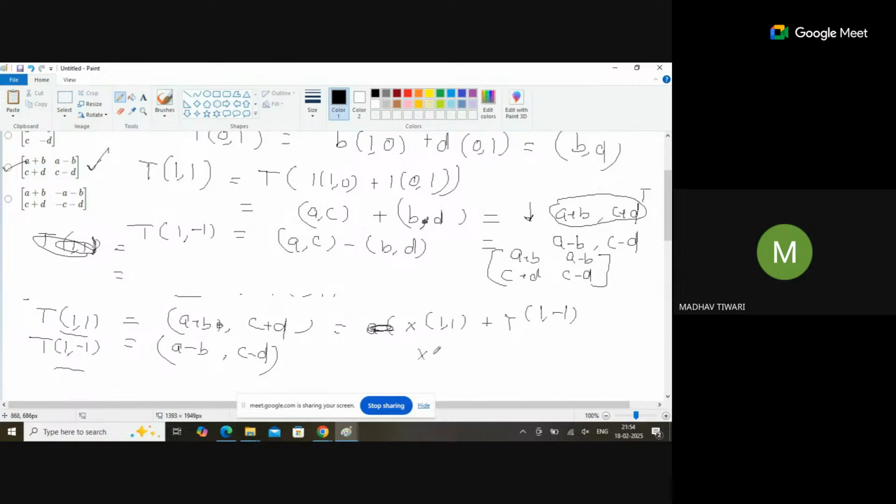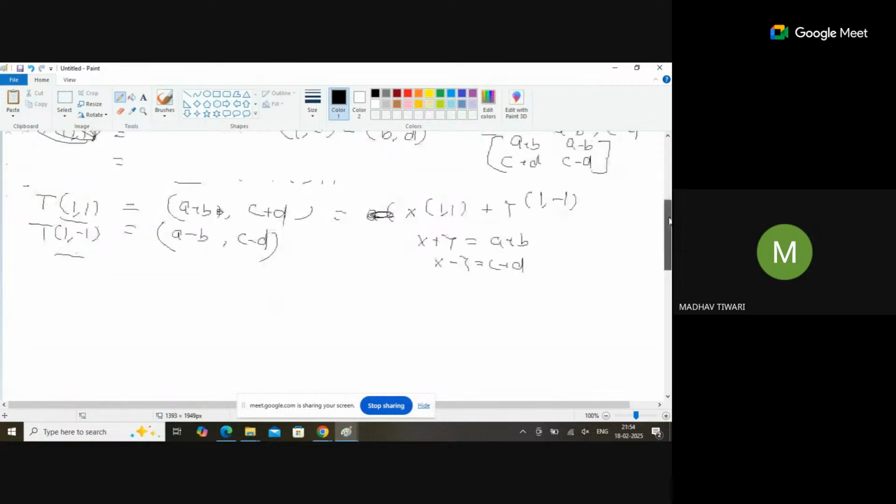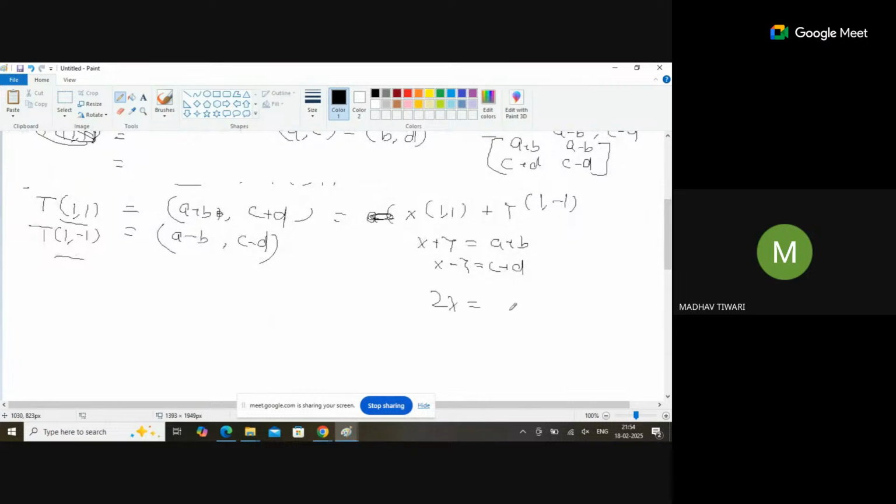So X plus Y is equal to A plus B, and X minus Y is equal to C plus D. From this I got 2X as A plus B plus C plus D, and X is A plus B plus C plus D divided by 2. If I subtract, that will be easy. So 2Y is A plus B minus C minus D, and dividing by 2, I got these two values.